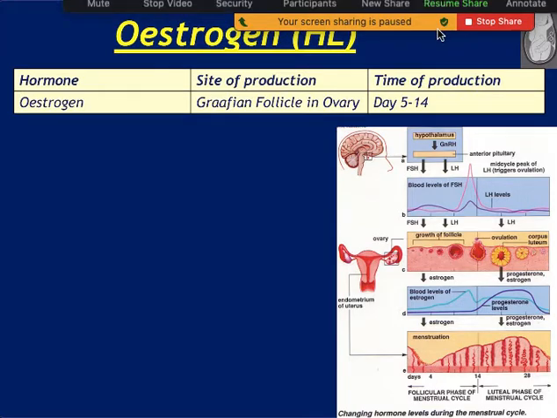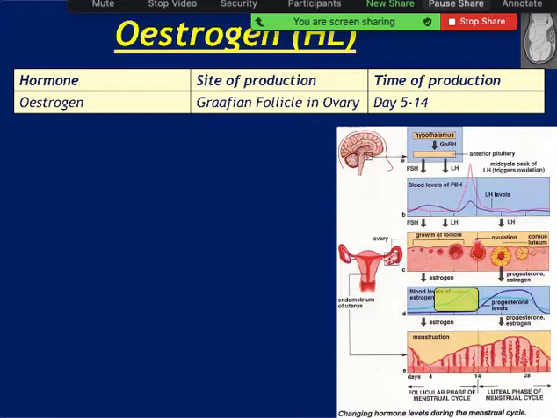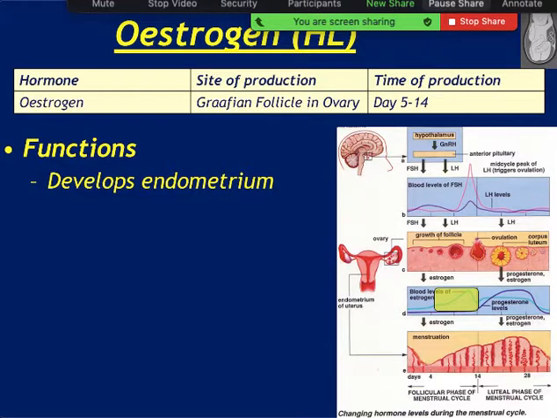Alright, so the next hormone up then is estrogen. That's going to be made in your Graafian follicle, and it's between days 5 to 14. The main thing here is the production of the endometrium, because it's going to develop that further. And we've said it's going to inhibit the preceding hormone, and it's going to ensure that the next one gets made.